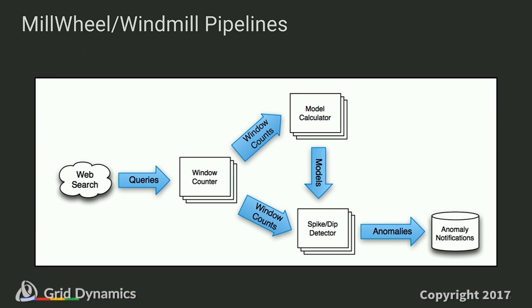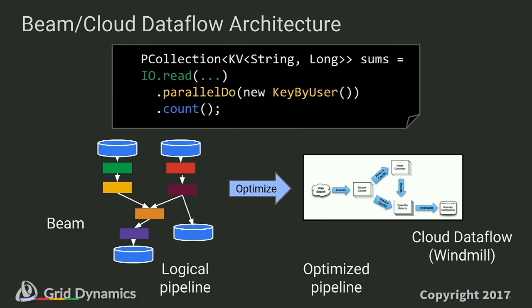The gain of Beam was that you could now write your pipeline in a very declarative, clear way, and the system would optimize it for you, figure out the best way to run it, and then load up this physical representation that it would run under the covers. And that's kind of represented here.